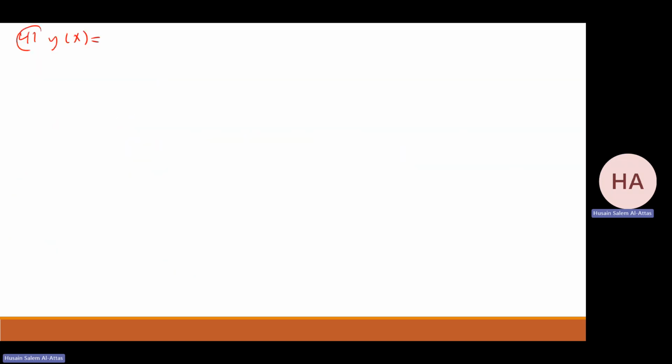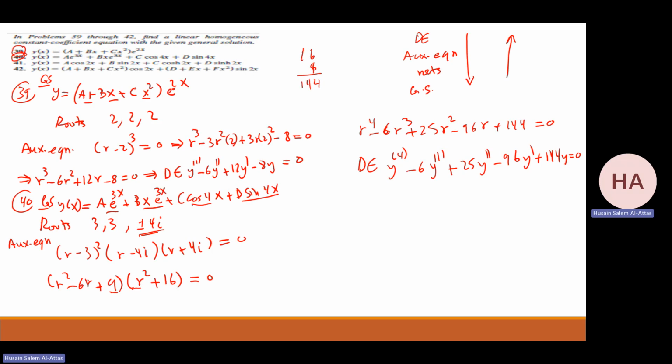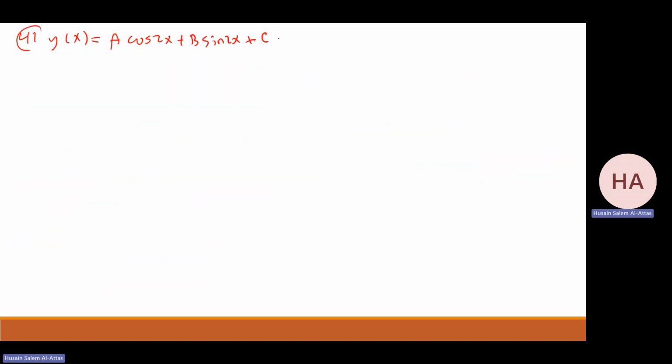41. It's a tricky one. Yeah. A cosine 2x, B sine 2x, plus C what? We don't have cosine hyperbolic or sine hyperbolic. Be careful. These are what? These are exponential, because it will be C for those two, not C cosine hyperbolic 2x.